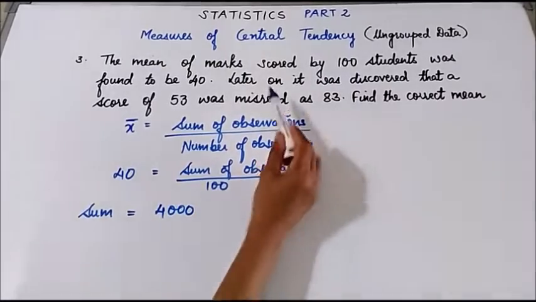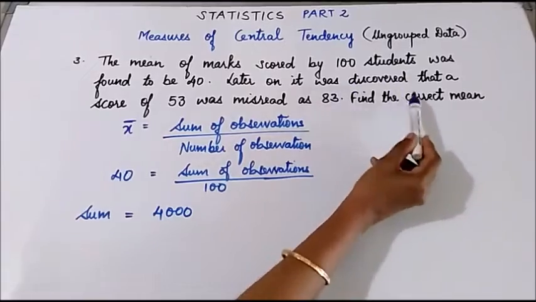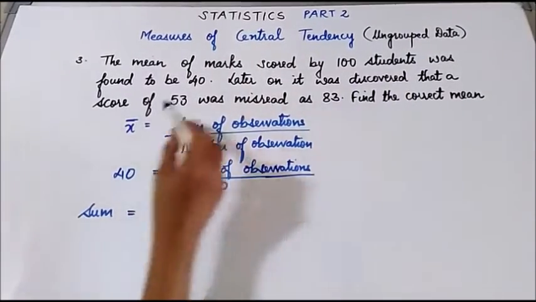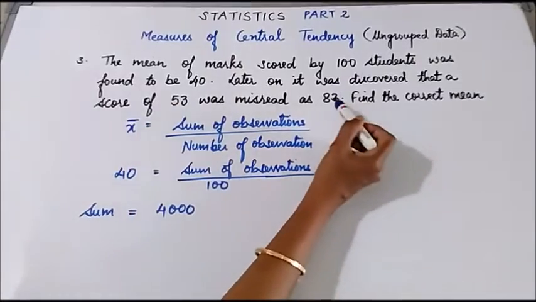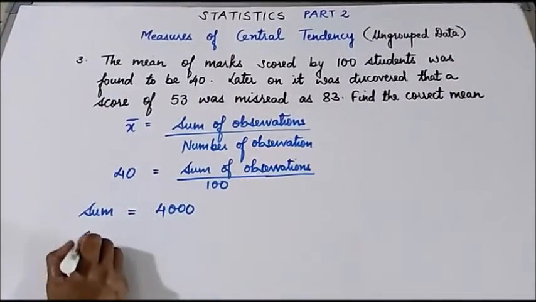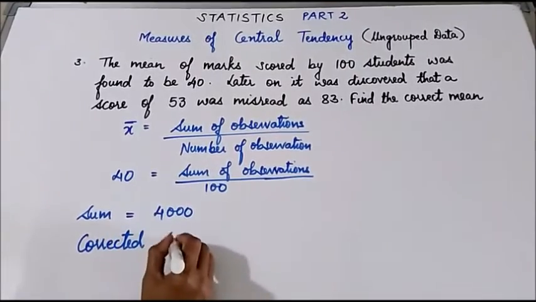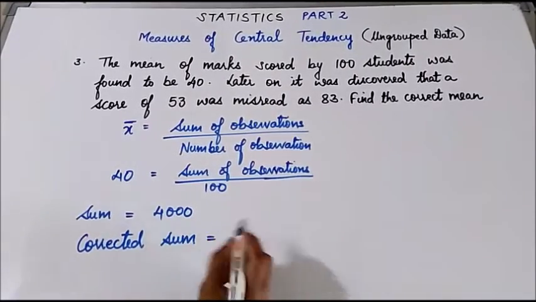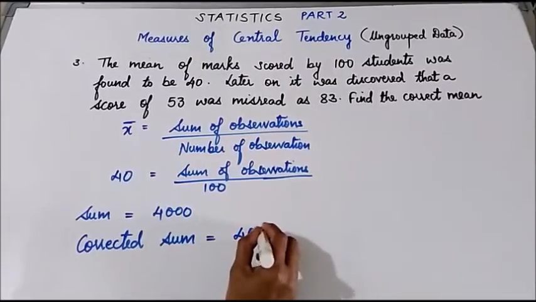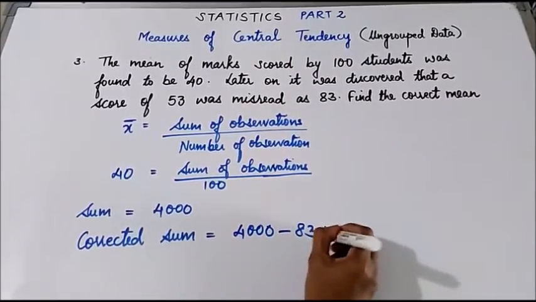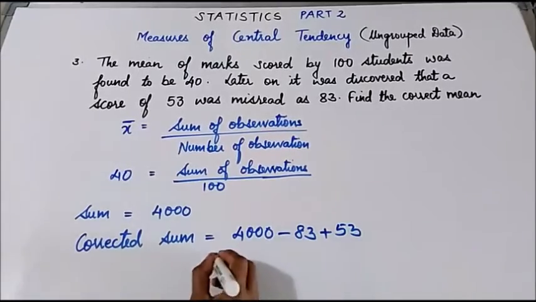Now what is later found? Later on it was discovered that a score of 53 was misread as 83. The actual score is 53 but it was misread as 83. So the corrected sum now will become 4000. Out of that we will remove 83 and add 53 to it.